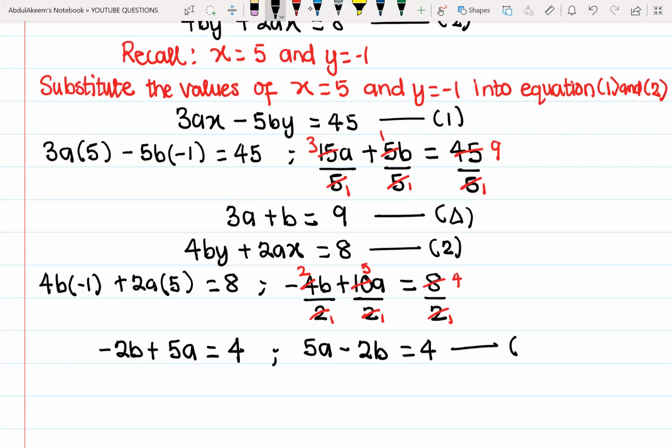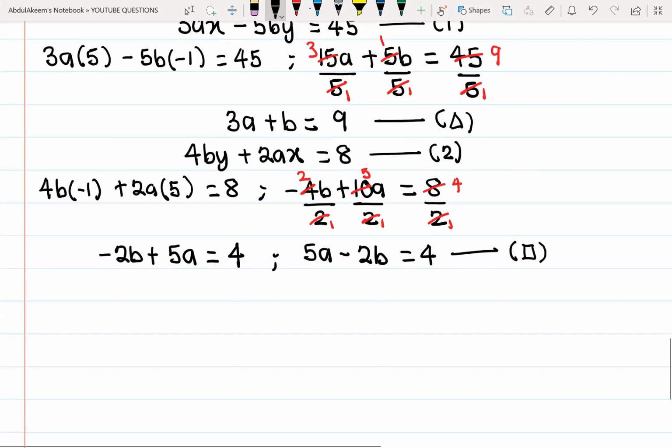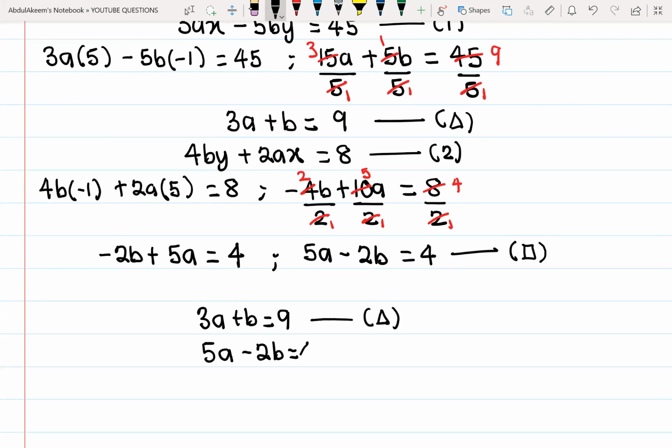Let's name this equation square. So what do I have here now? I have 3a plus b equals 9, equation triangle, and 5a minus 2b equals 4, equation square.